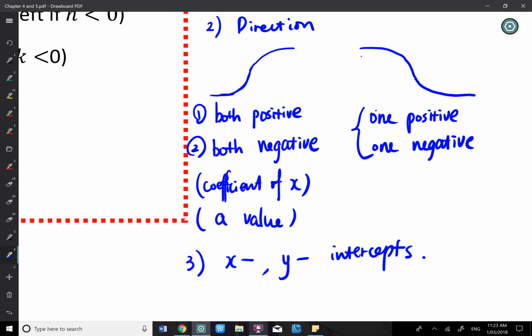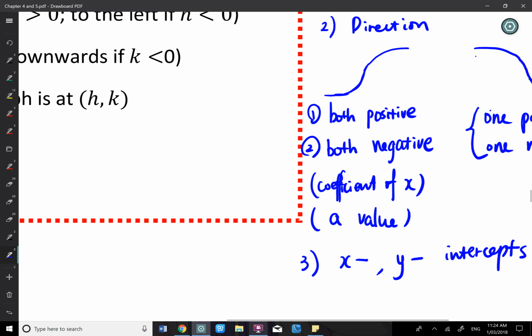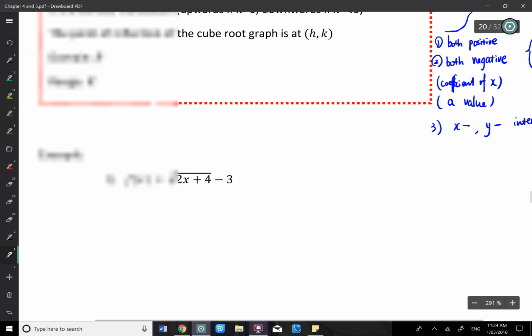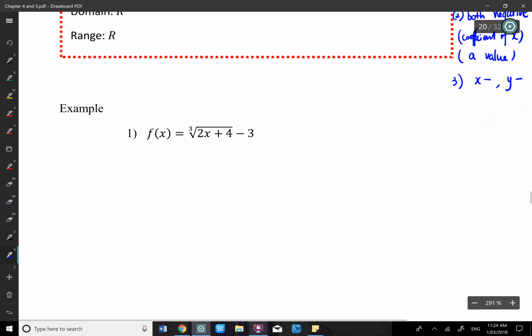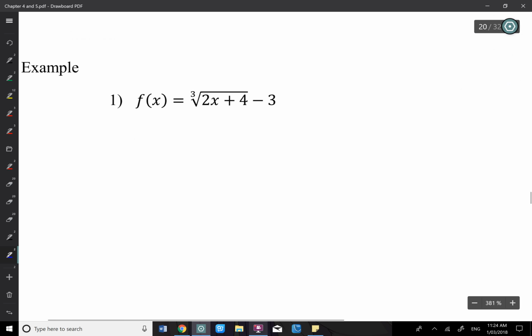So domain and range is R and R, which means there definitely will be an intercept somewhere. I didn't say "if possible" here. For the previous 3 graphs I said if possible, but this one you can definitely find it. So you don't need to see the rough shape; you can just directly work it out and label on the graph. And domain and range is always R and R if there are no restrictions.